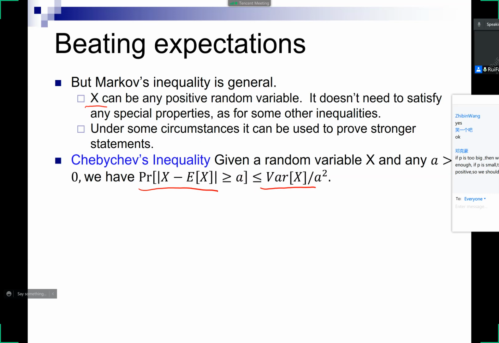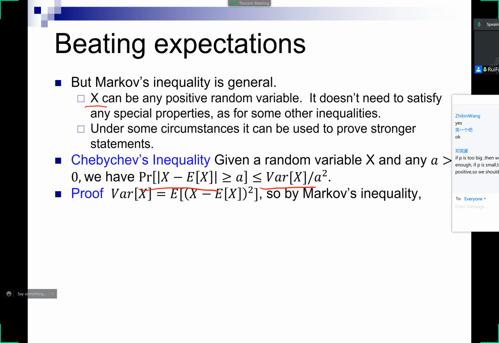So that's Chebyshev's inequality, and actually you can prove Chebyshev's inequality using Markov's inequality. The way to do this is that the variance of x is simply the expectation of x minus its expectation, squared.